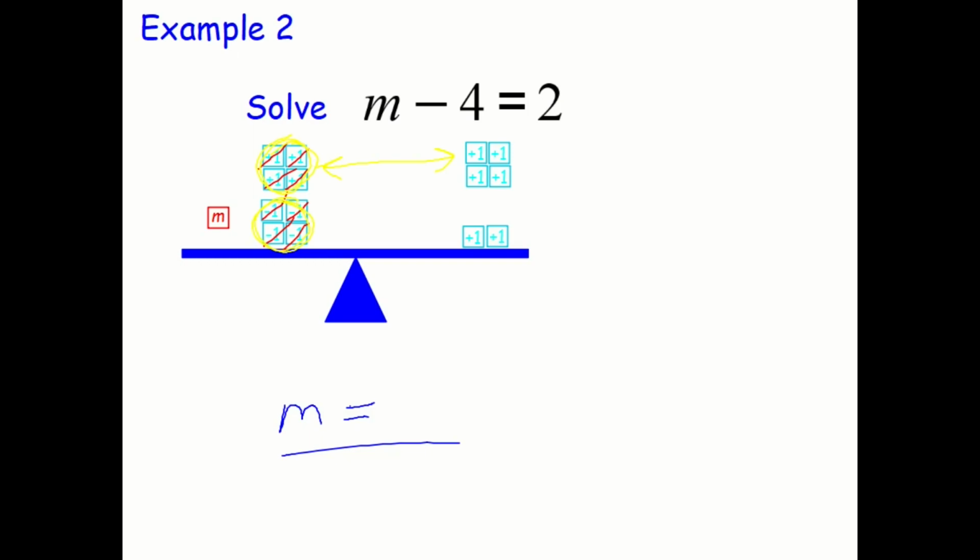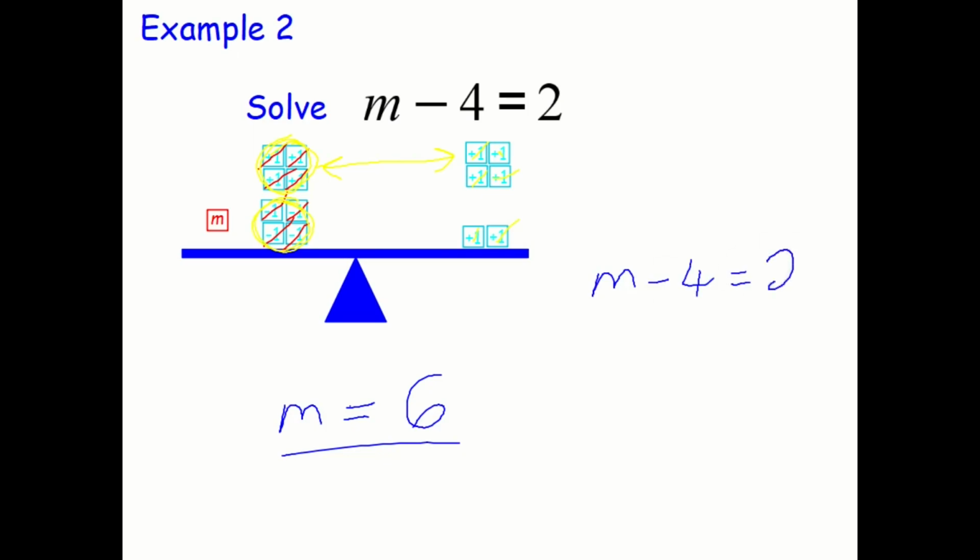So I'm left with m on its own on this side. And what have I got on the right-hand side? Well, I have got positive 1, 2, 3, 4, 5, 6. I've got positive 6.